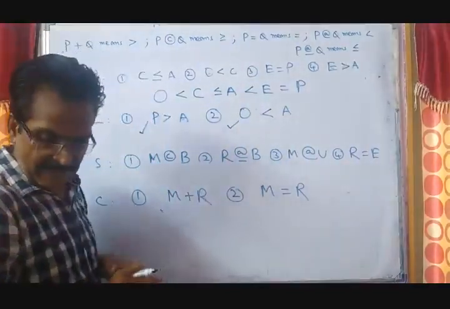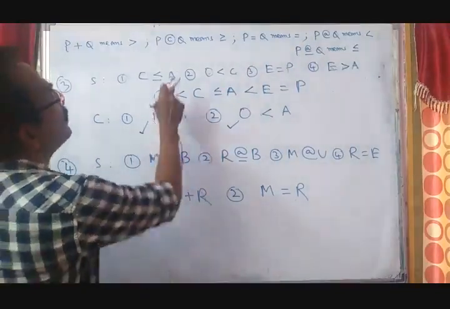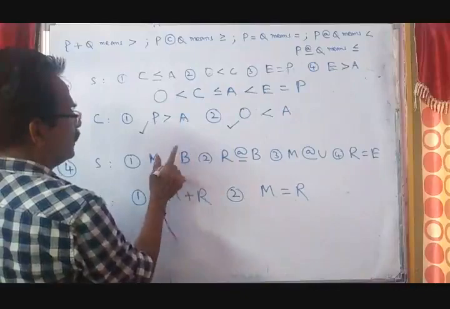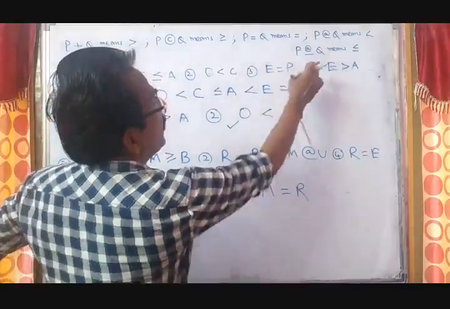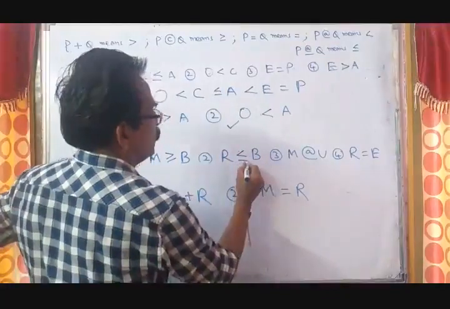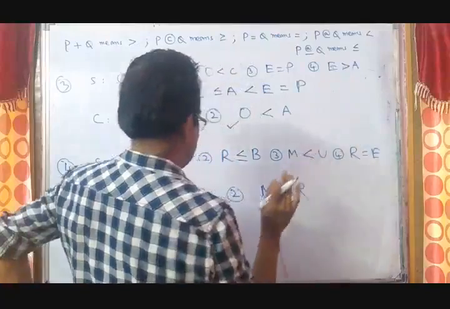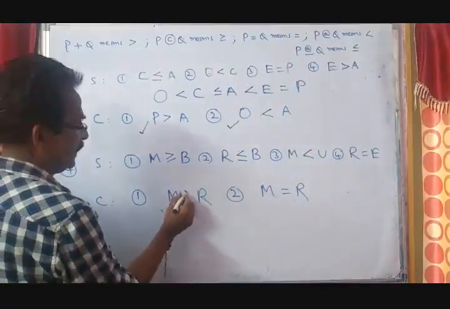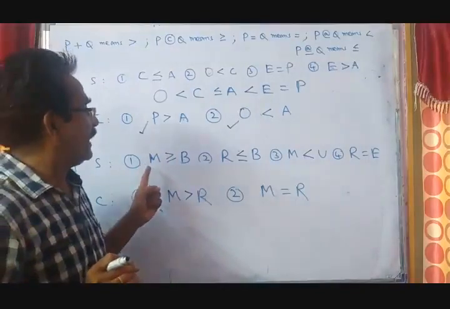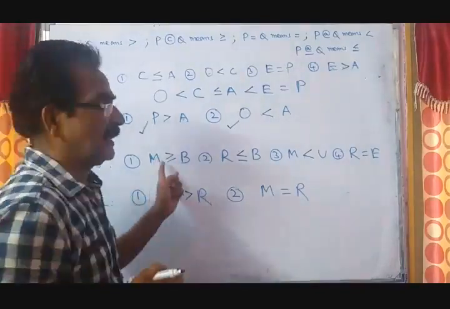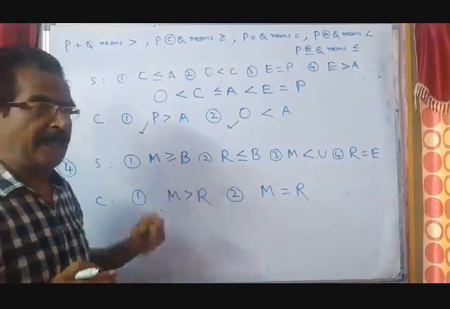Okay. Now let us see the fourth question. Copyright symbol means greater than or equal to, underscore at the rate means less than or equal to, at the rate means less than, equal to means equal to, plus means greater than. Now let us write the statement line.